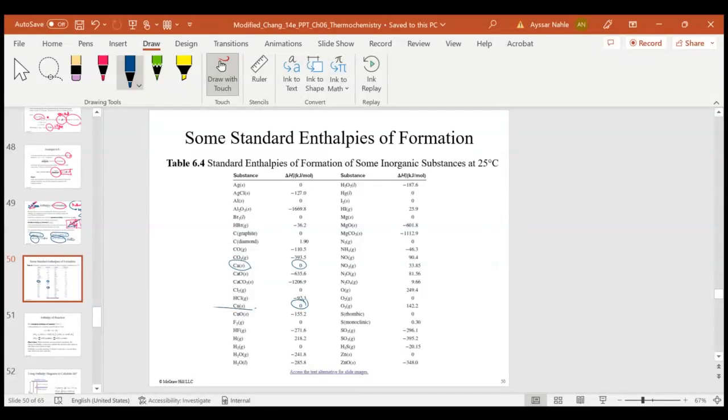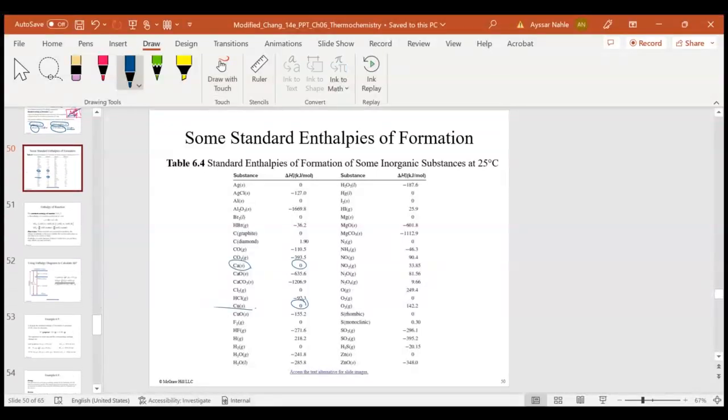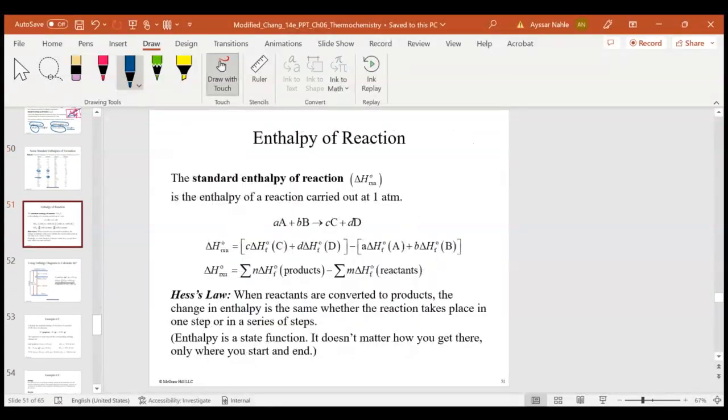Cu is 0, and so on. You can see it there. O2 is 0, but O is not 0. So the standard enthalpy of formation of any free element is equal to 0. Now you have a table. You don't have to memorize anything from the table, but let's go through this one.